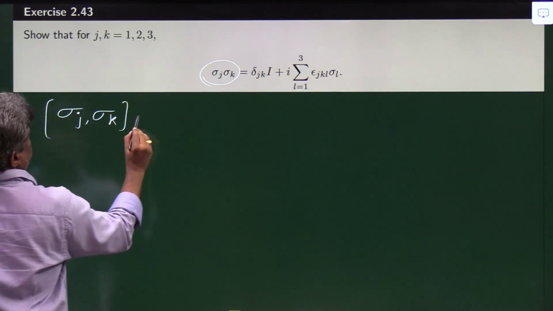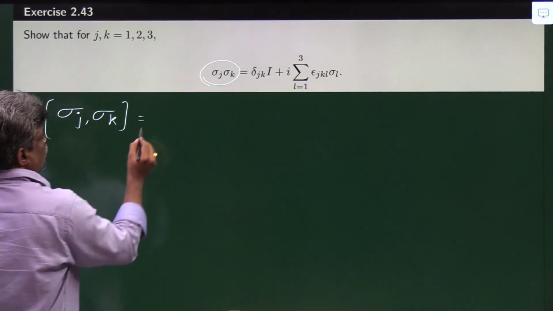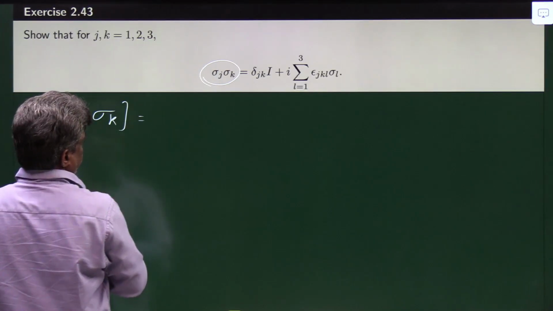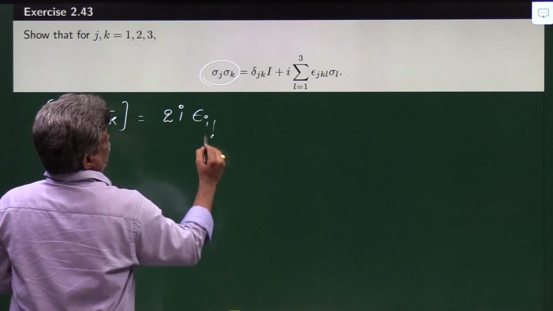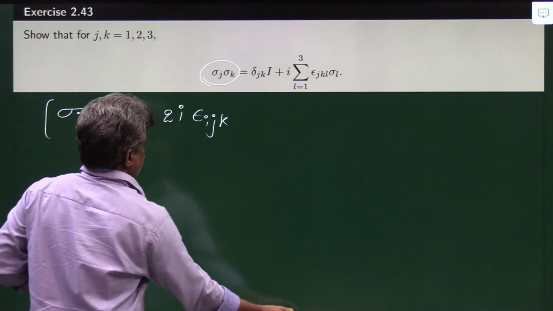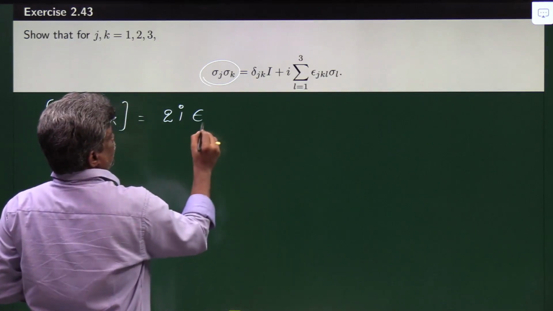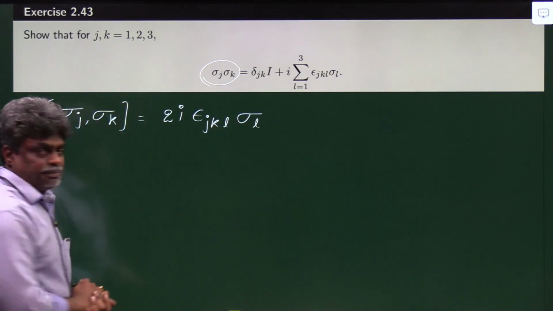Please see the earlier problems. There we have already derived that this is nothing but 2 iota epsilon jkl sigma l.